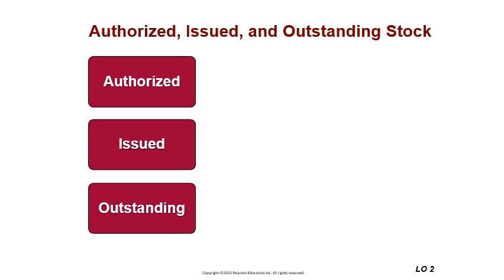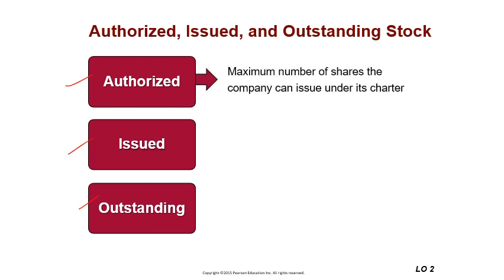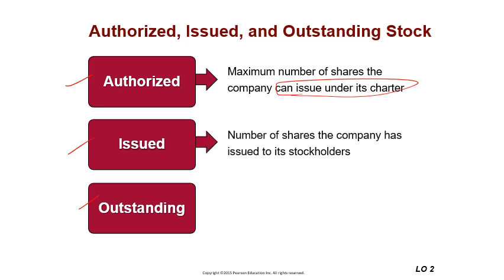Now the categories of shares. In our previous slides when we talked about how we show equity or shares in the balance sheet, it was written authorized, issued, and outstanding capital. I didn't explain it over there because I knew that in this slide we're going to explain it. Authorized means the maximum number of shares the company can issue under its charter, right? Issued means the number of shares already issued to its customers, right?